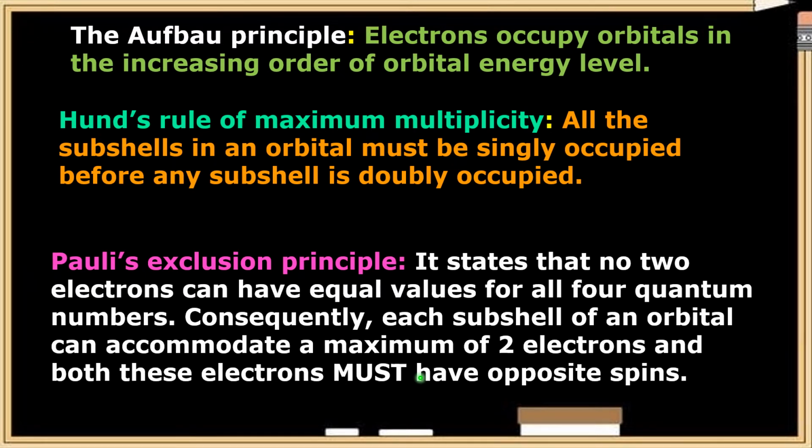They at least differ in spin quantum number. So it restricts any orbital to a maximum of two electrons only. That means we can accommodate a maximum of two electrons in any single orbital. Okay.